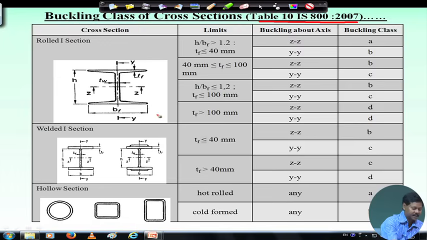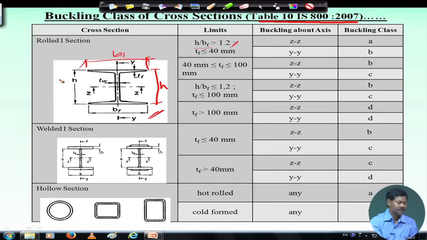Say for a rolled I section, here if h by B f is greater than 1.2, where h is the total depth and B f is the flange width, and the thickness of flange T f is less than or equal to 40, then about z z the buckling class will be A and about y y the buckling class will be B.